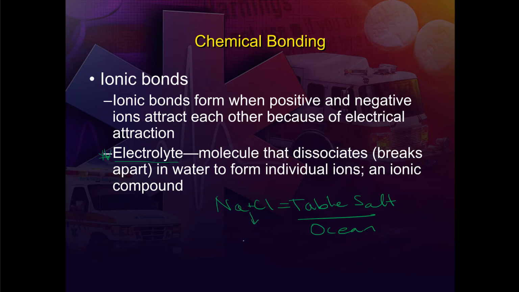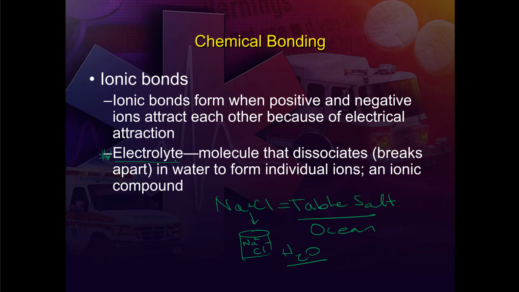But when this is inserted into a glass of water, sodium is going to dissociate from the chloride and float around freely. This is important because we are primarily made of H2O. And so all the chemicals we talk about in our body are going to be put into a solution that has water as a prime component of that solution.